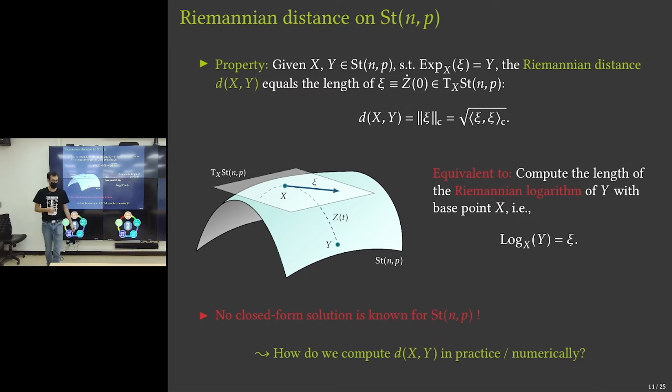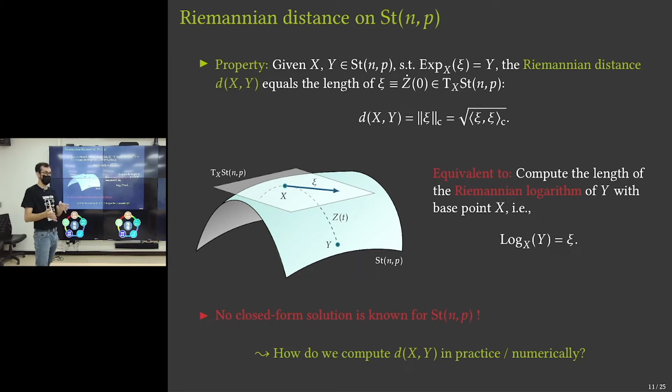This is important because it tells us that if we want to compute the distance between 2 points, it gives us the recipe, let's say. We have to find the tangent vector, which is equal to the logarithm mapping of y at x.